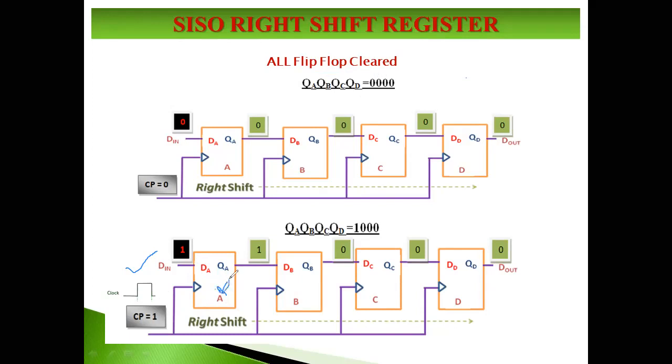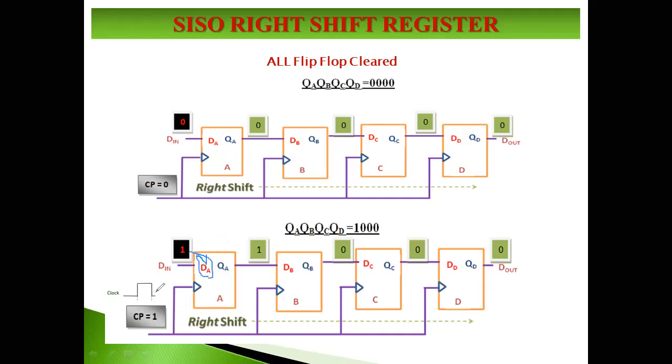Once the clock pulse is received, the data input that you are giving will be given to the first flip-flop, that is flip-flop A. This 1 will go to DA, that is the input of your D flip-flop.